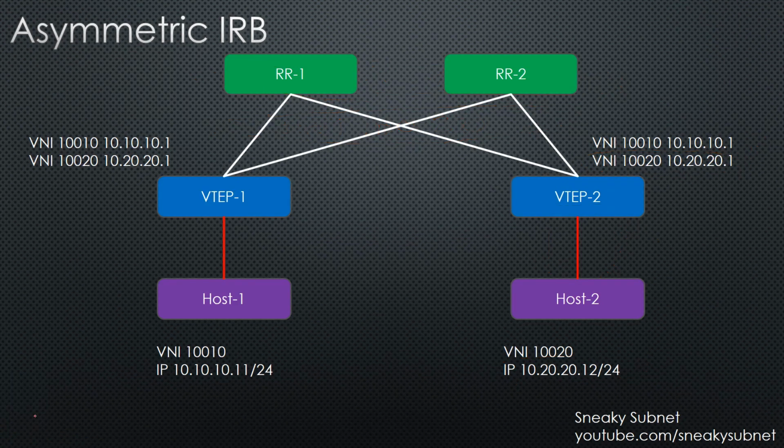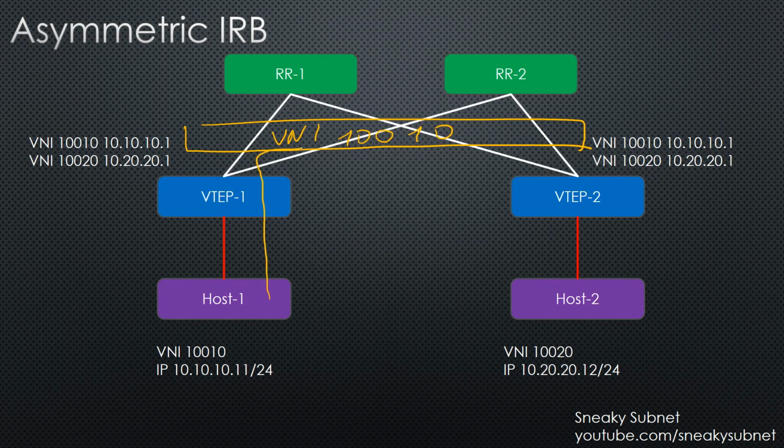Let me use different colors. So this is our VNI 110, and traffic from host 1 goes like that.